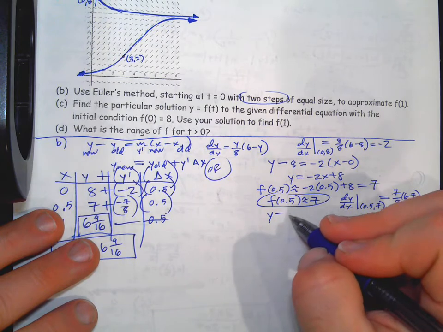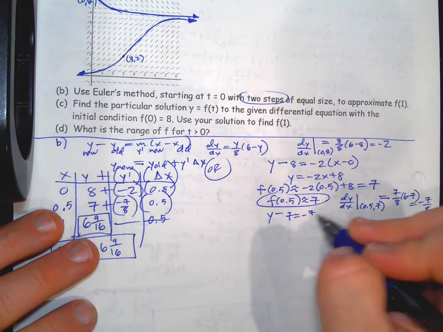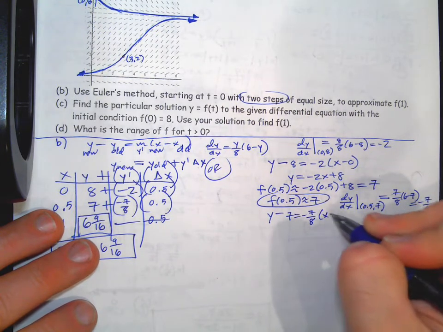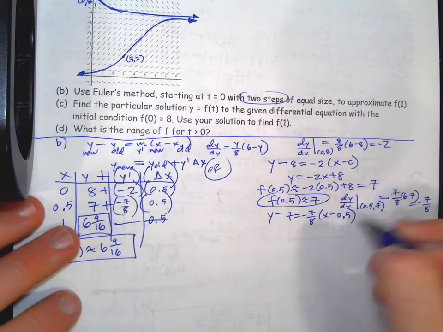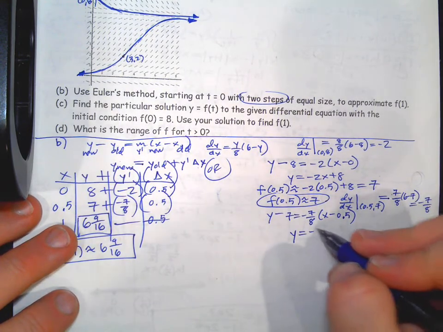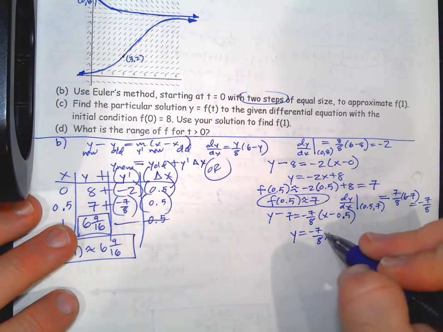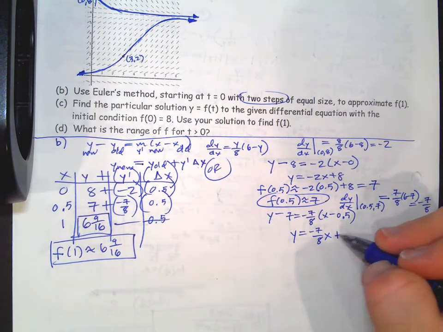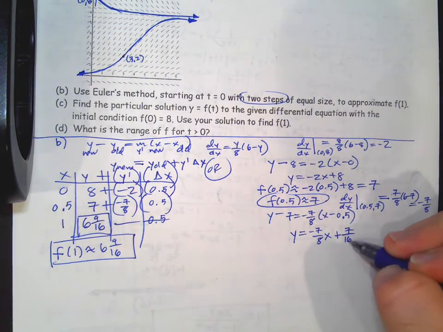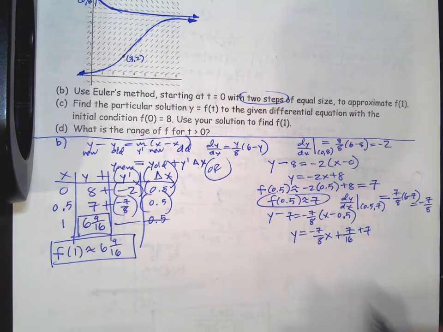So y minus 7 equals negative 7/8 times (x minus 0.5). So you can get y equals negative 7/8 x plus 7/16 plus 7. That's the equation of your tangent line.